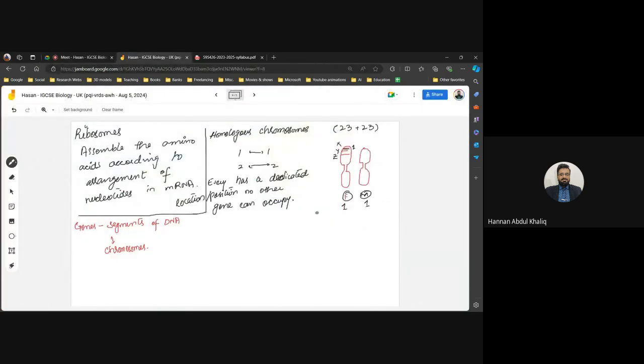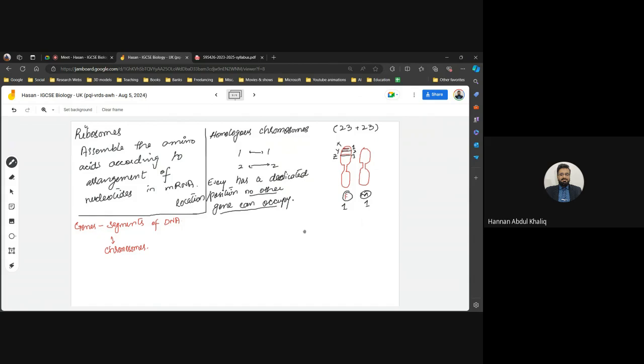Now, remember that no other gene can occupy these positions, meaning that positions number 1, 2, and 3 on chromosome number 1 are permanently occupied by these three genes. You cannot change that fact.